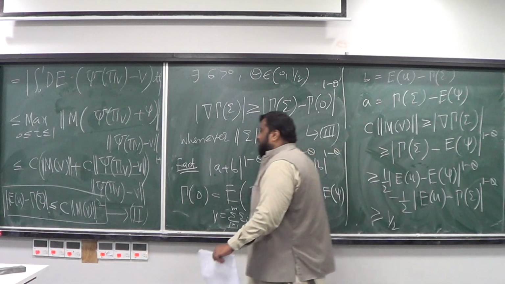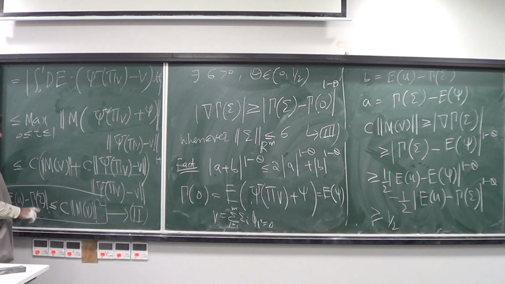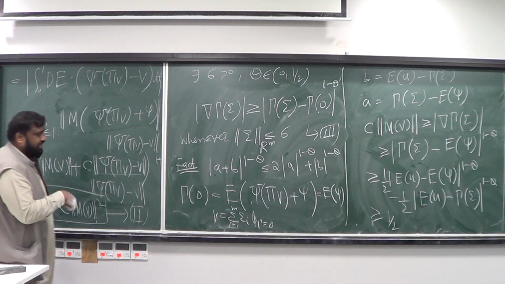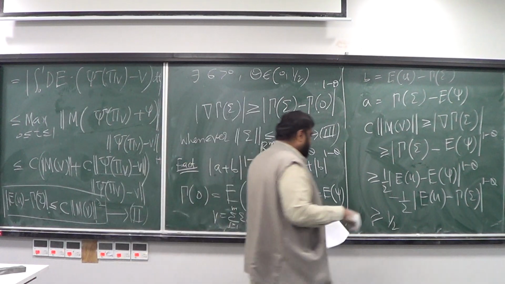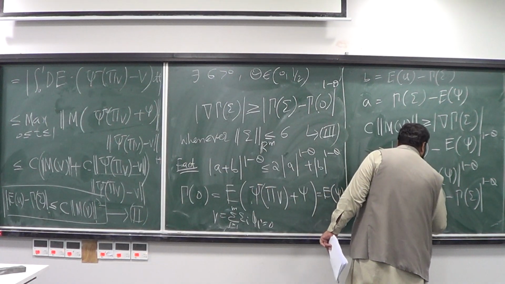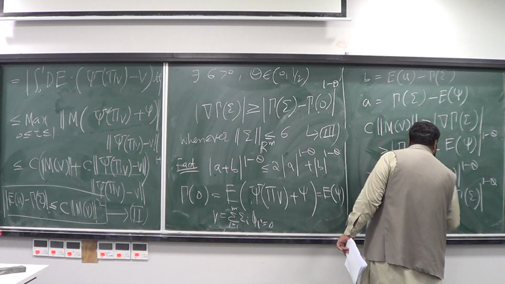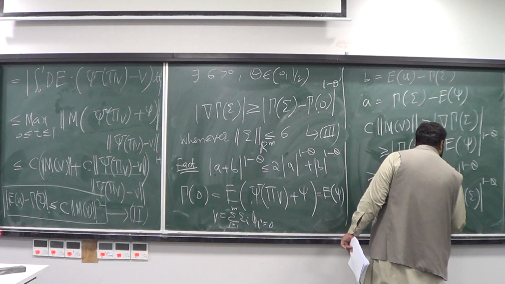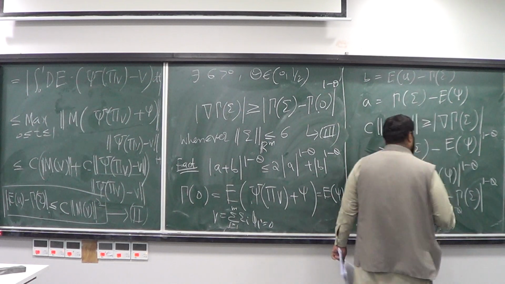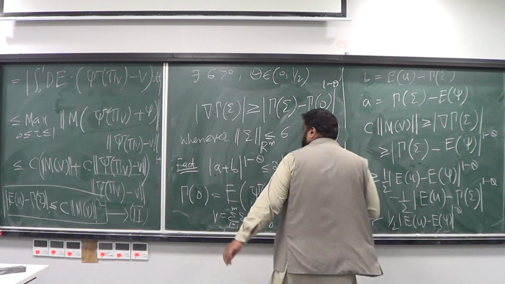By the way, you need to also take the power 1 minus theta first, because there is the power 1 minus theta. So this is going to be 1/2 E of u minus E of psi to the power 1 minus theta, and minus this second term will become what?